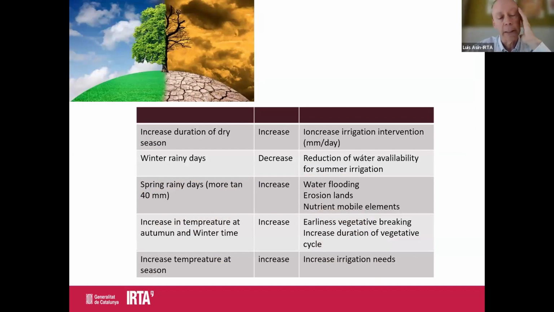Another question that we are worried about is climate change. There are some questions that we have to think about for the future, because the rootstocks that probably have good performance right now would probably not be a good option in 20 or 30 or 40 years. For example, we are expecting an increase in the duration of the dry season.